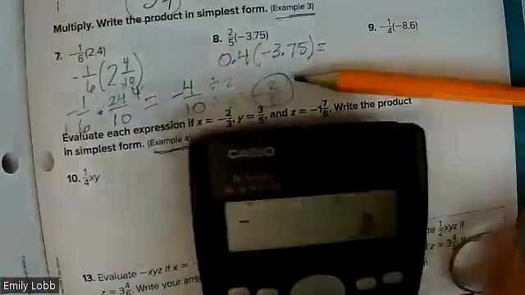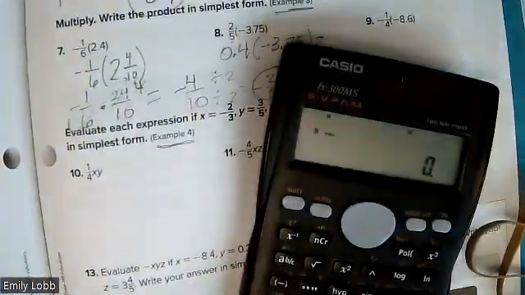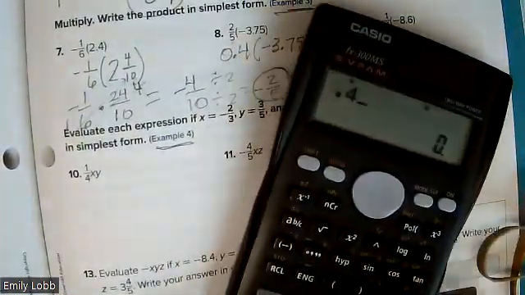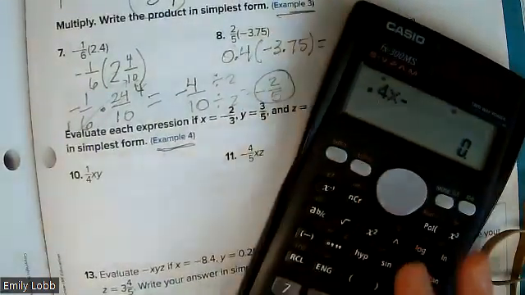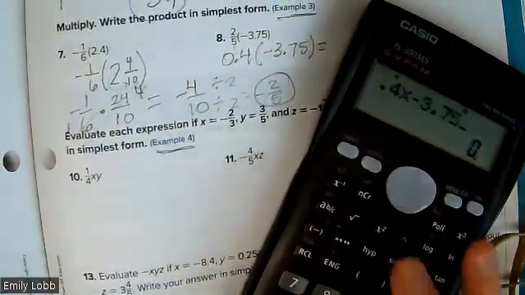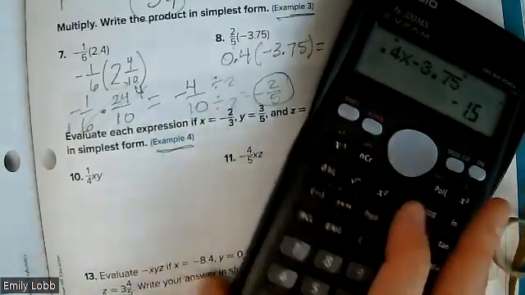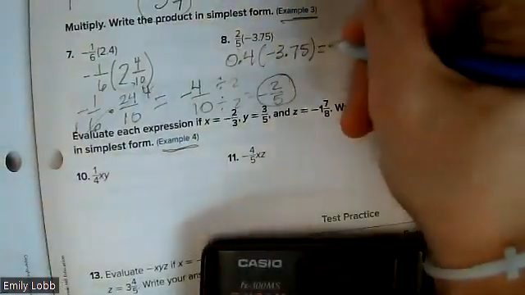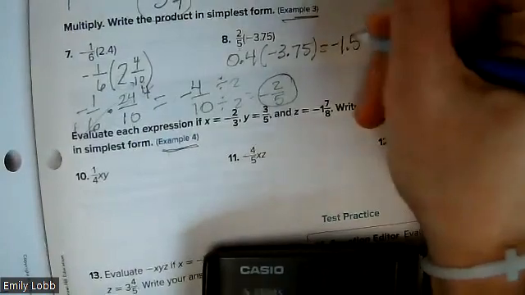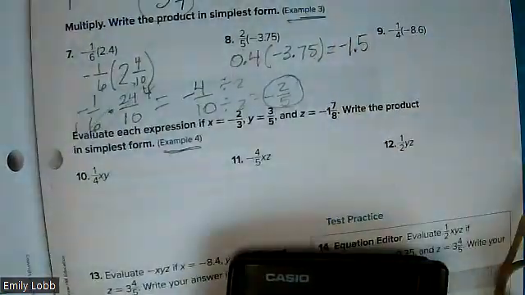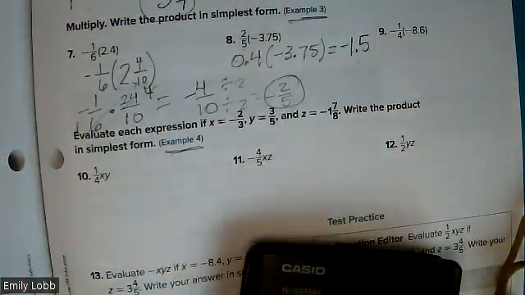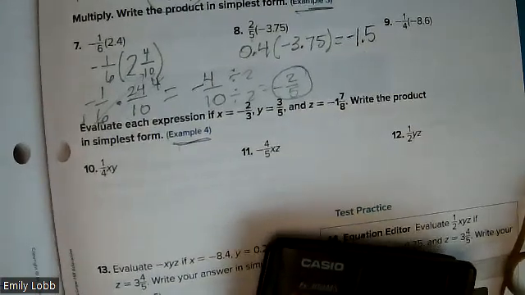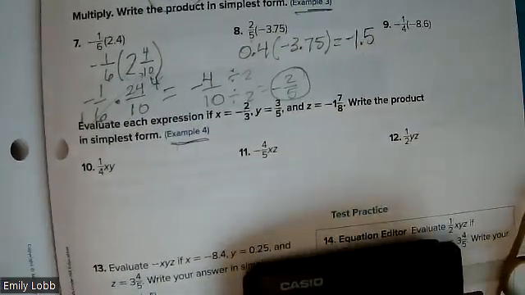I would just put them into your calculator. 0.4 times negative 3 and 75/100. Negative 1.5. Or negative 1 5/10. All right. So you're going to have to go back and do the other ones if you have not yet done them.